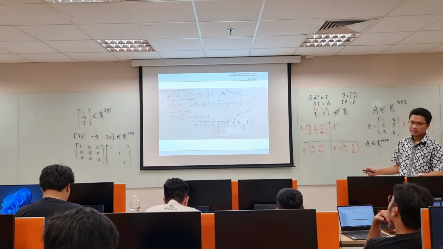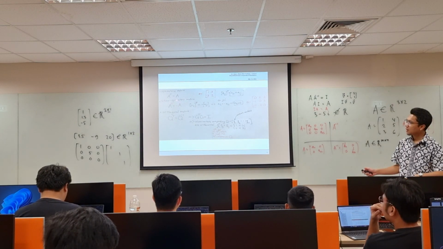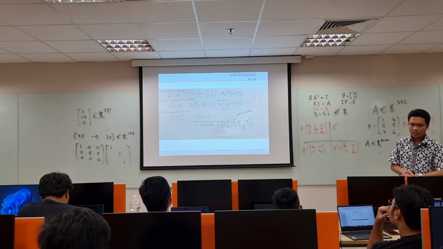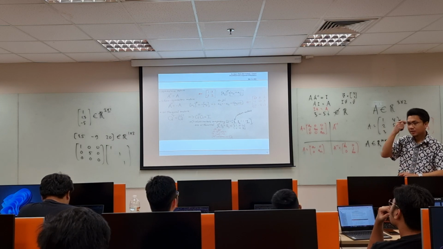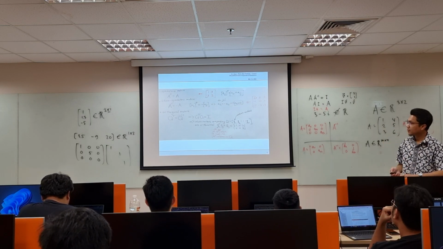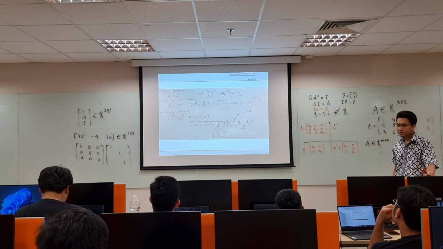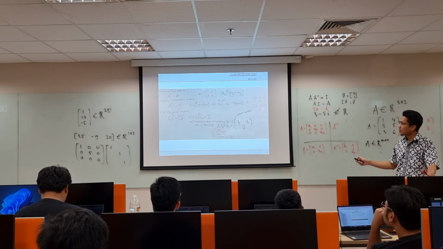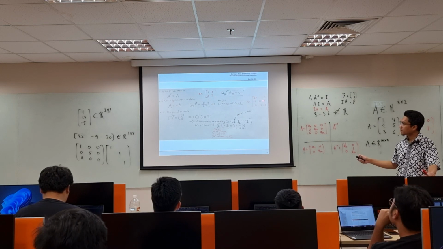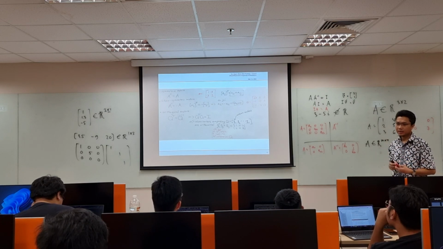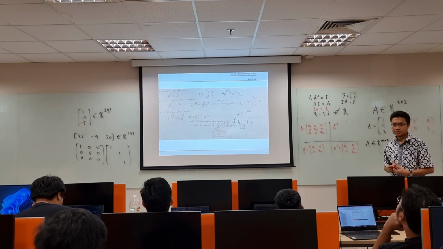Skew symmetric. Yeah, the skew symmetric is here. So the transpose is the minus of the matrix. Okay, that is called skew symmetric. This is an example of skew symmetric. So that means you can see the upper and lower triangular have different sign, and that's skew symmetric.